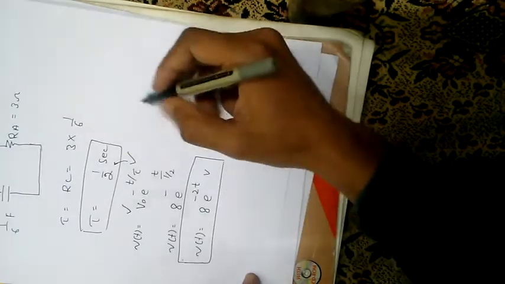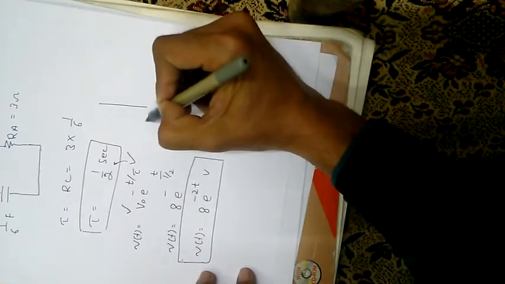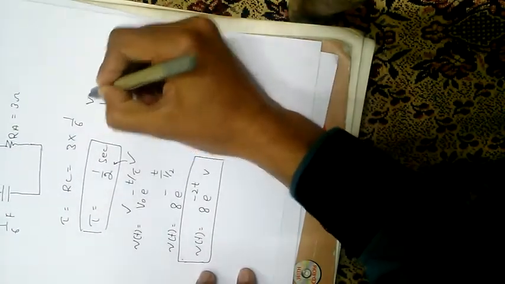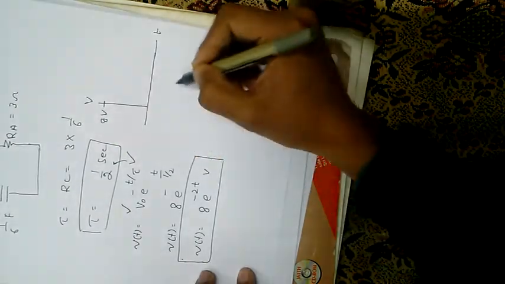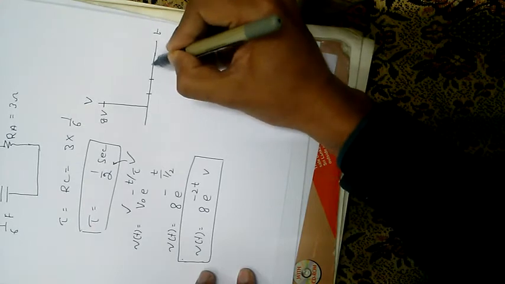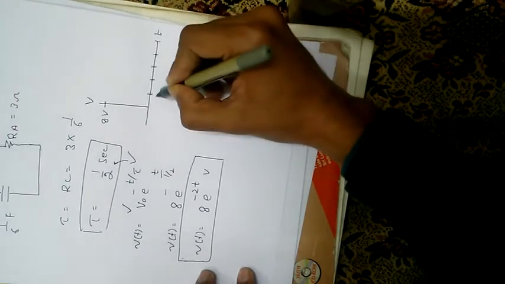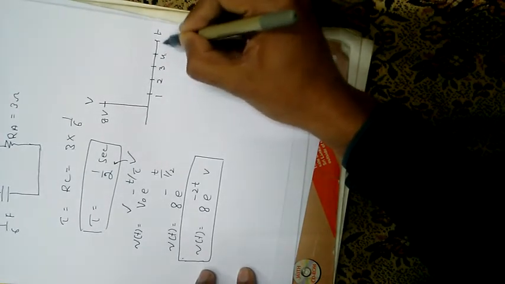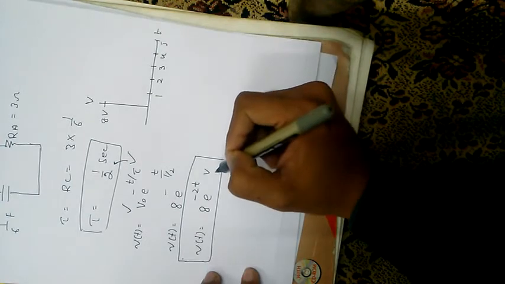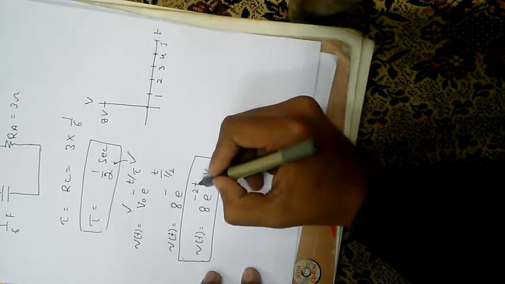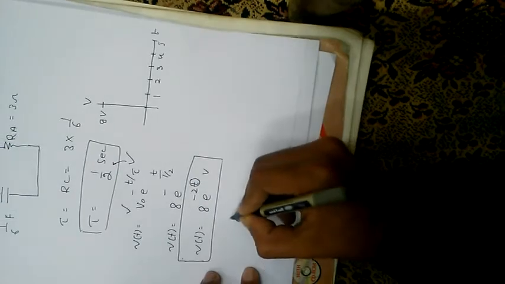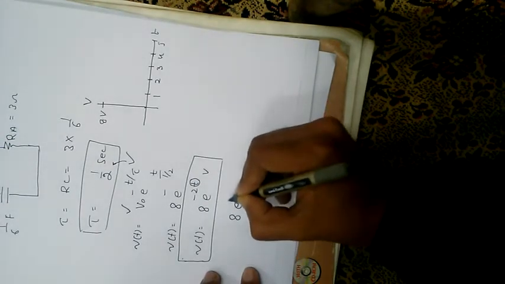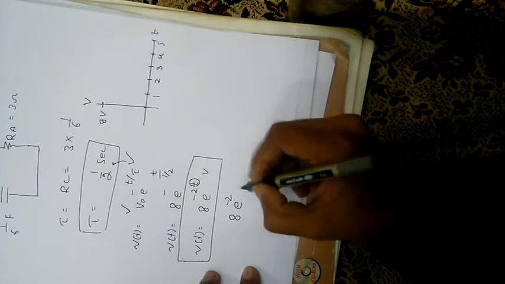This equation simply states that a capacitor has an initial voltage of 8 volt. Let's suppose we have 8 volt initial voltage. This line indicates the time constants. Suppose we take 5 time constants. For the first time constant, if we put 1 here, then it will become 8 e raised to power minus 2.